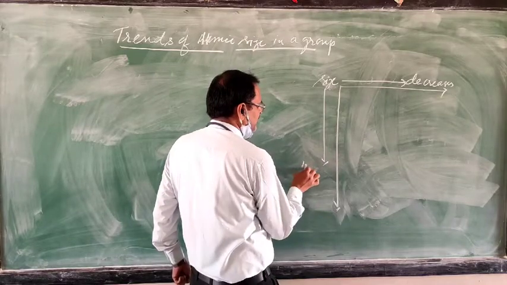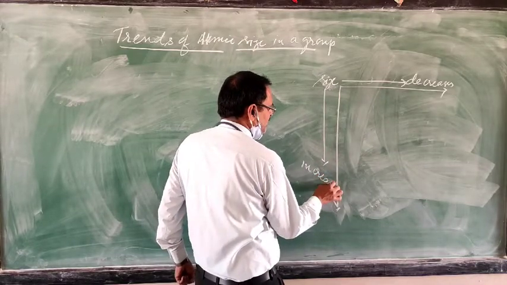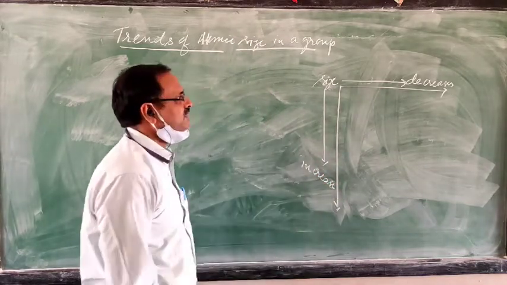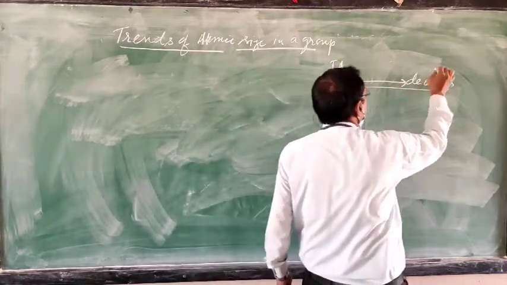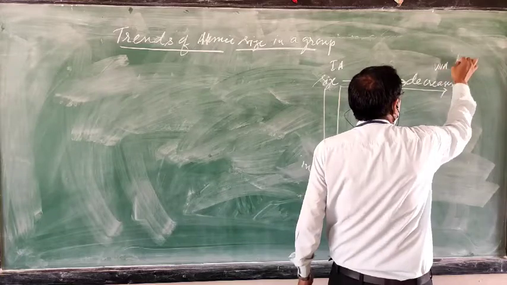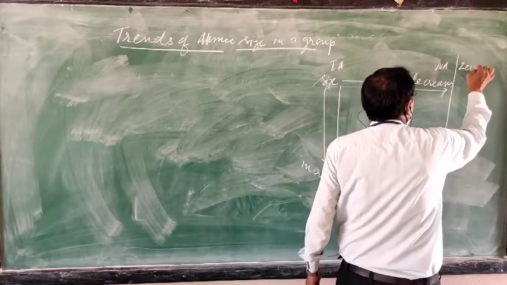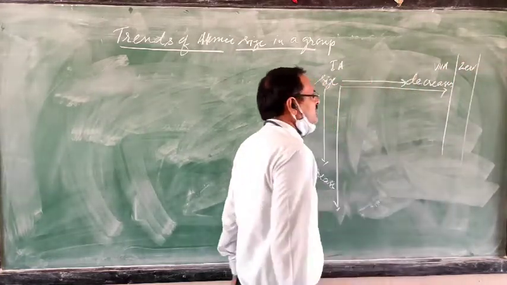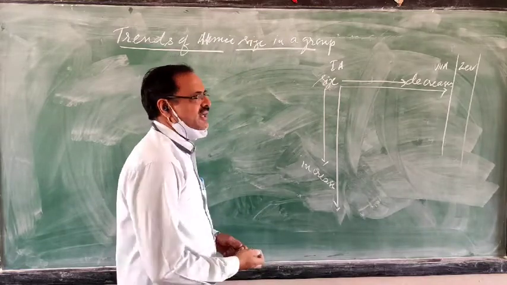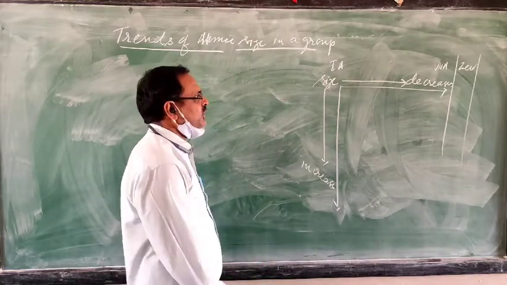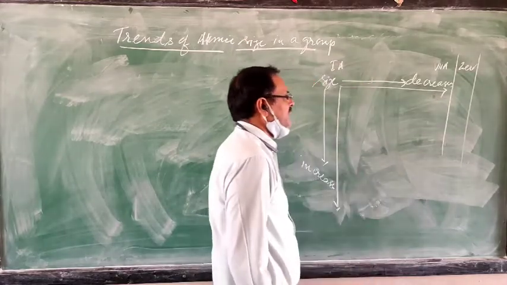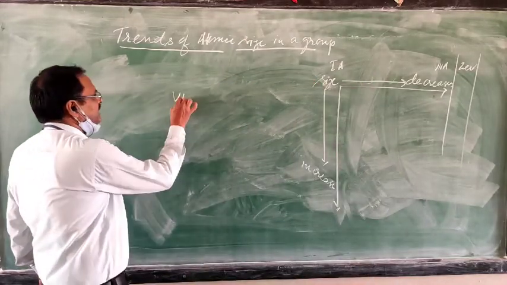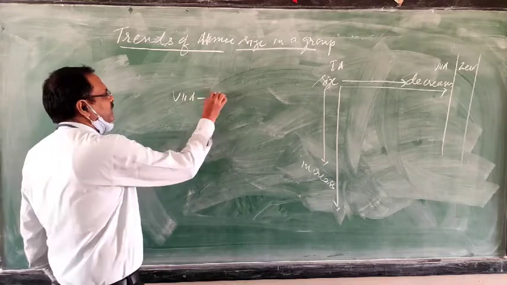When you move in a group from top to bottom, size increases. It means here group 1A and there 7A and then 0. So my question is: where will you get the smaller atom? The smaller atom you will get in group 7A.